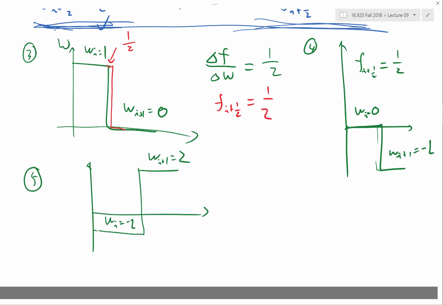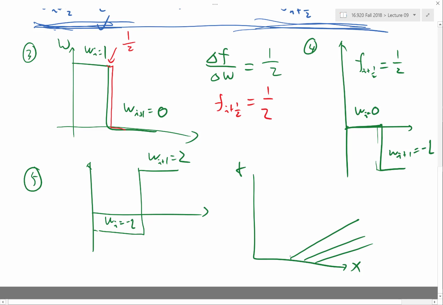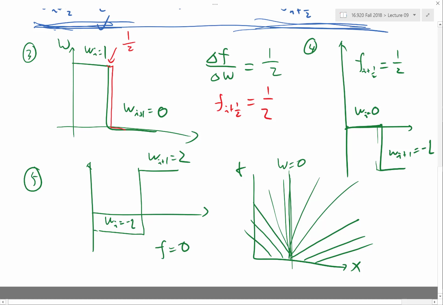Why? The discontinuity vanishes, and basically if you draw the x and t diagram, you have plus 2 on the left hand side, you have minus 1 on this side, and you have a solution that fans out. Always the solution where the characteristic is equal to 0 stays at 0, right? So F would be equal to 0 in this case.